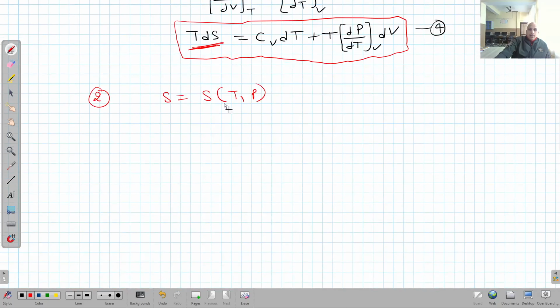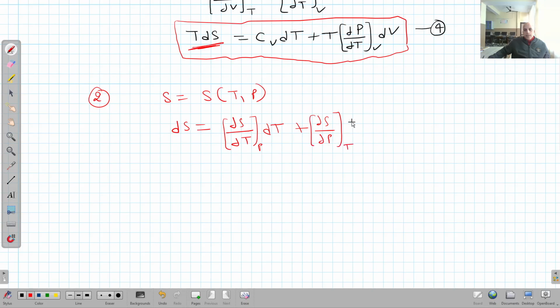Clear? So now we are taking it as temperature and pressure. So again the same thing, we are going to take the total derivative. dS is equal to (∂S/∂T) at constant pressure dT plus (∂S/∂P) at constant temperature dP. Clear?